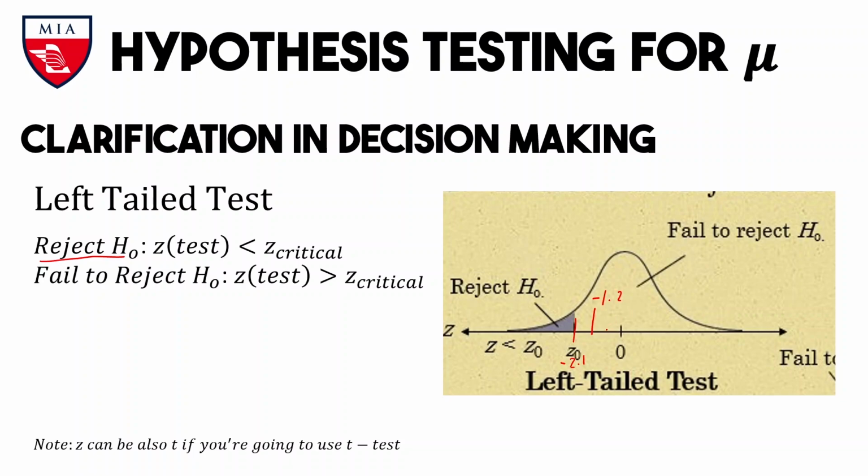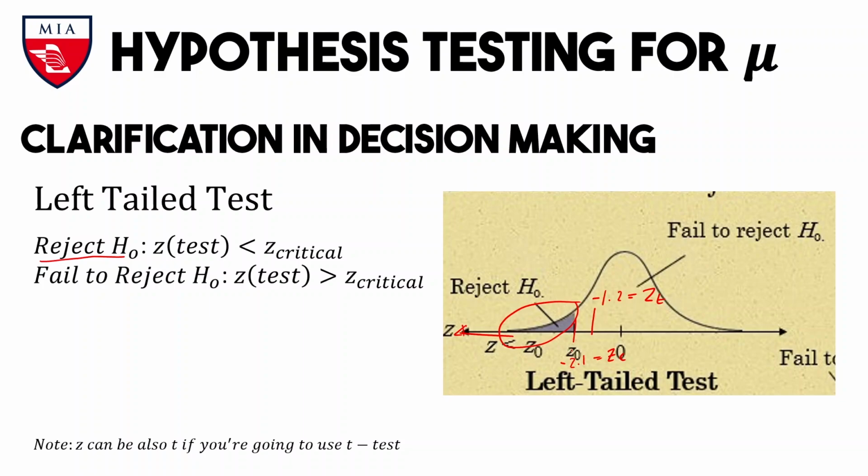So the value of our z-test is negative 1.2 and the value of our z-critical is negative 2.1. Therefore, the critical region is from negative 2.1 down to negative infinity.